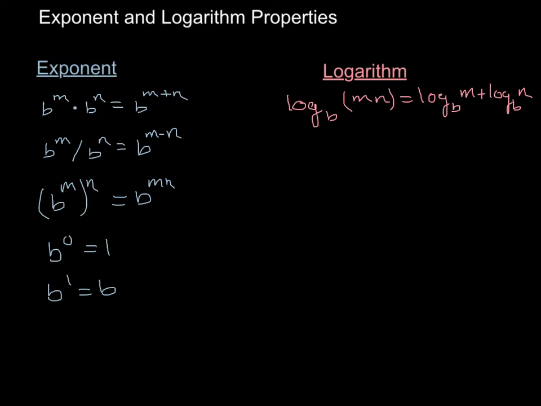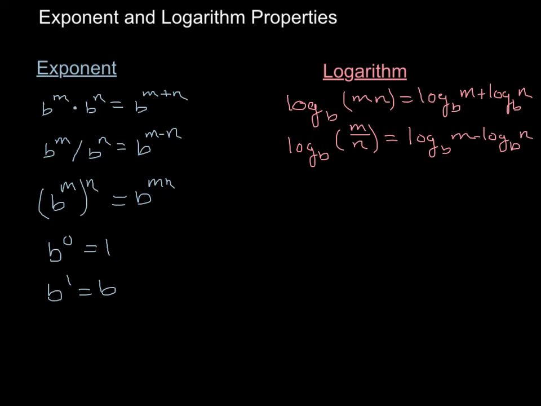Same goes for division. If we have log base b of m divided by n, that's the same thing as subtracting. Log base b of m minus log base b of n.